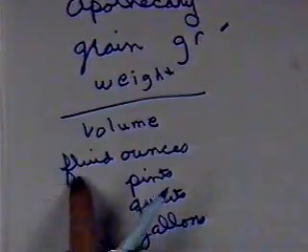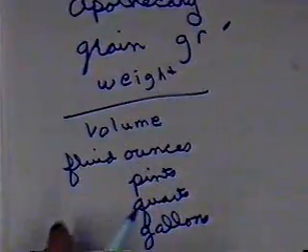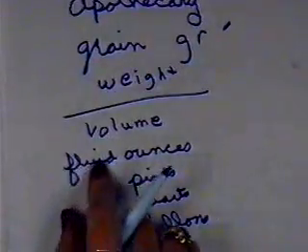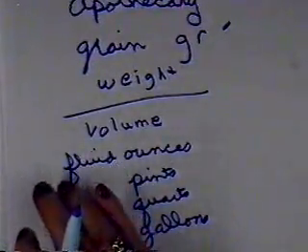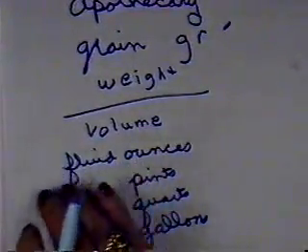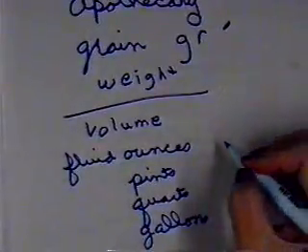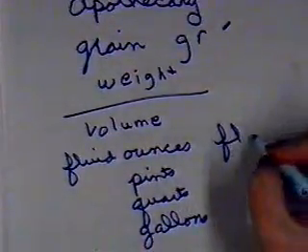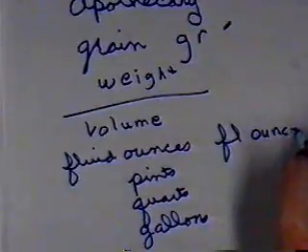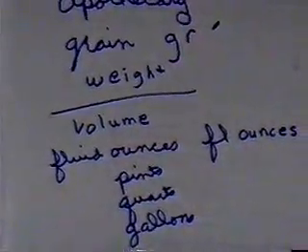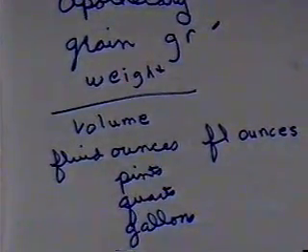Now, you don't always have to write fluid ounces in front of it because the only ounces we're going to be doing are measuring volume, so you don't actually have to use ounces. If you do, you can abbreviate it fluid, but spell out the word ounces. There is not an acceptable abbreviation for ounces in the nursing system.